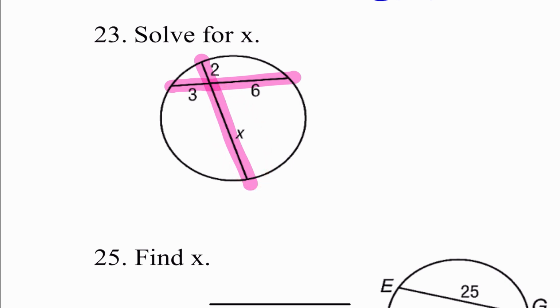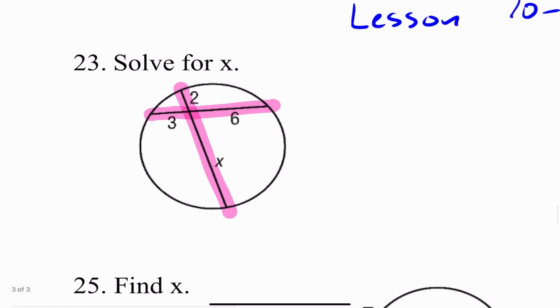And the formula that you have to use here is this. It's AB equals CD. This is going to be A, this is going to be B, and A times B is equal to C times D. So it's the product of two segments in one chord equals the product of two segments in another chord.